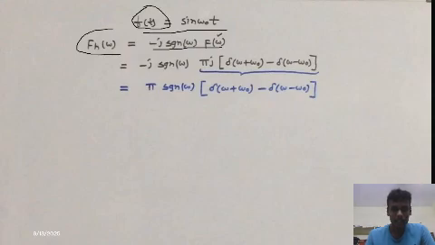So the Fourier transform of sine omega naught t is pi into j of delta of omega plus omega naught minus delta of omega minus omega naught. So this j and this j and this minus j after multiplication will become 1, and we will get this signal further.